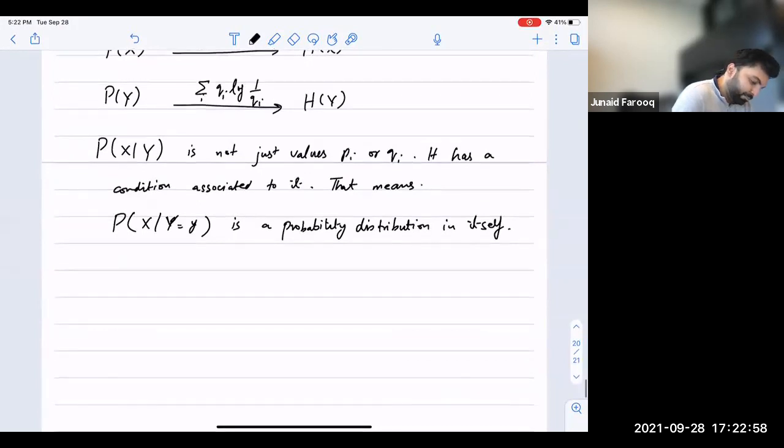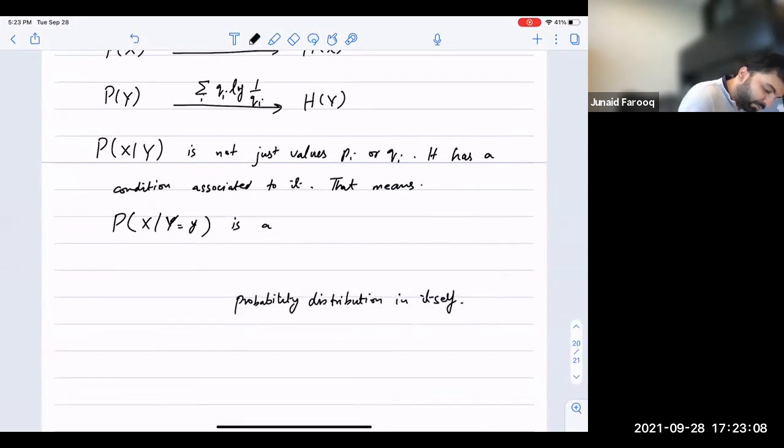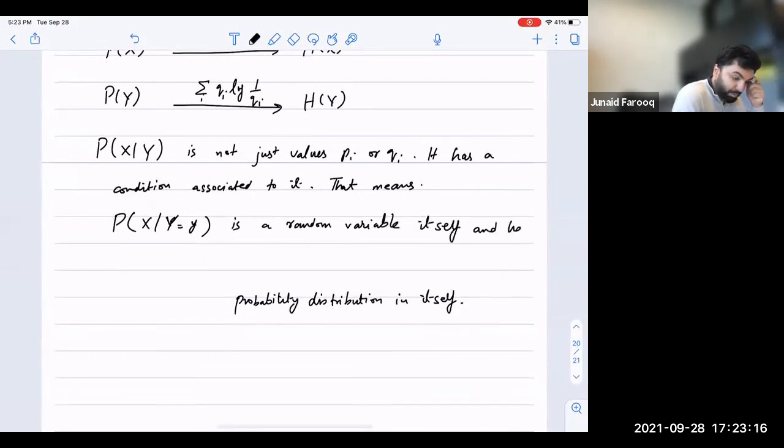So, I mean, it's better to say it's a random variable, and has a probability distribution.